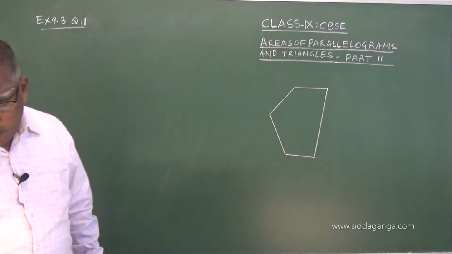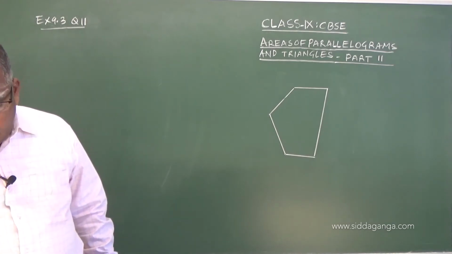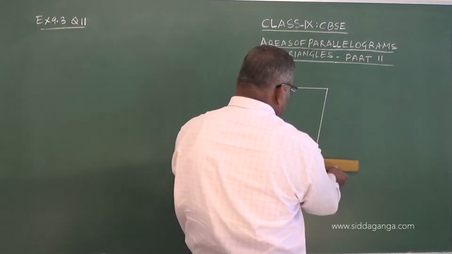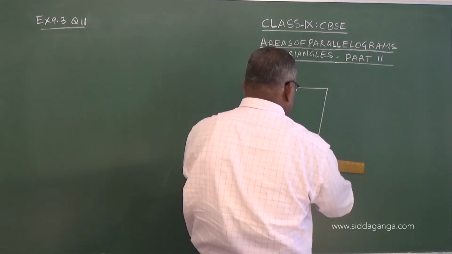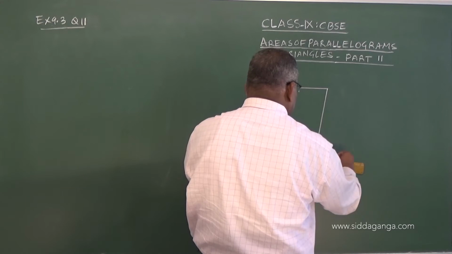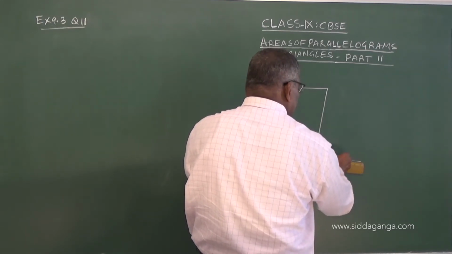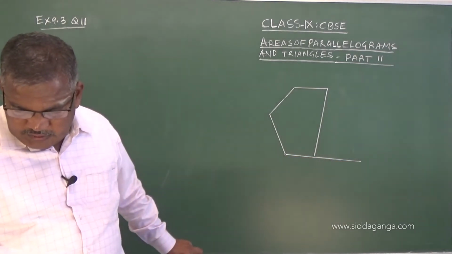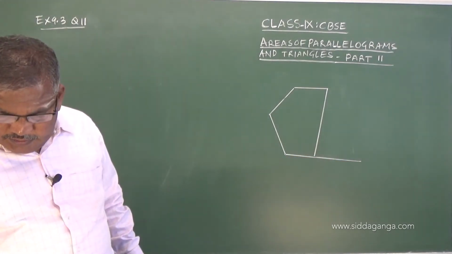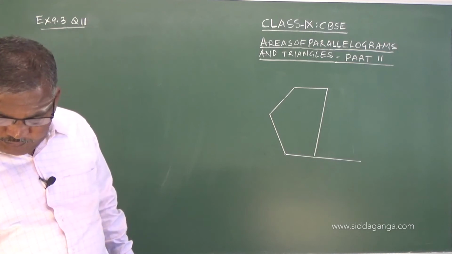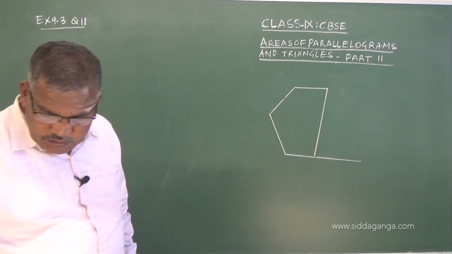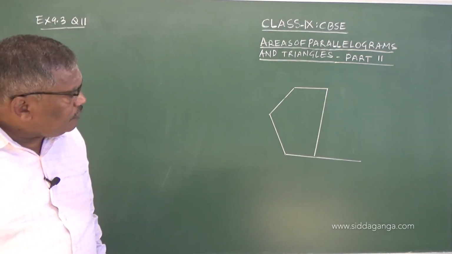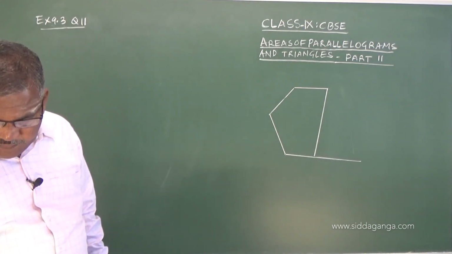So, a 5-cornered figure, and this is extended, this is extended, and BF is parallel to AC.